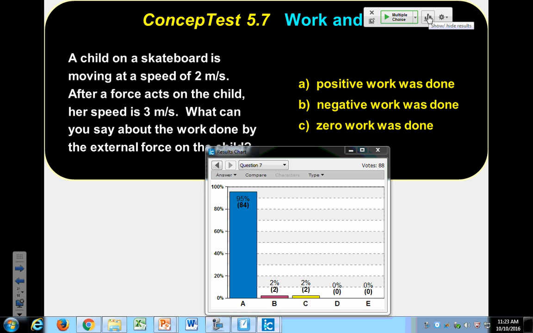Okay, that's awesome. So I'm going from 2 meters per second to 3 meters per second. That means I have an increase of kinetic energy, which means that I've done positive work on this object. So A is the right answer.